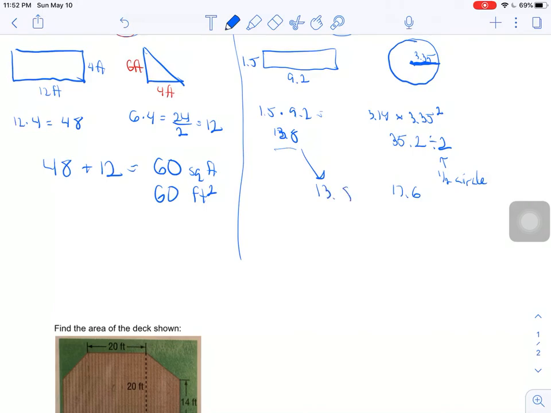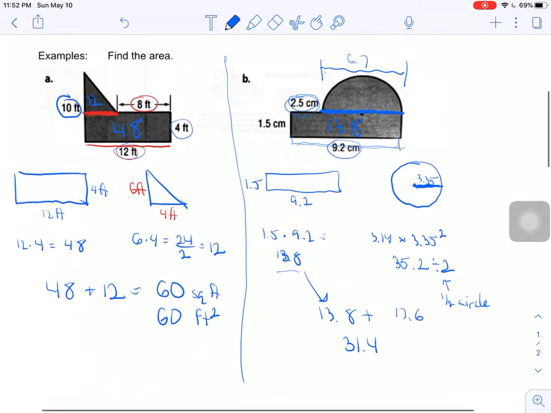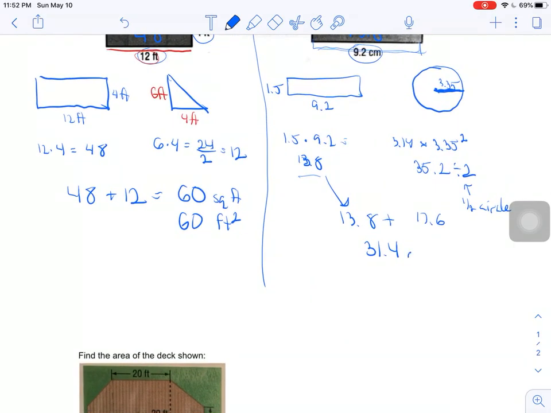So I'm going to add the 13.8 in with that. And that gives me an overall answer of about 31.4. And since we were measuring this in centimeters, my units would be square centimeters, or you can write it as centimeters squared. So that would be my final answer for that.